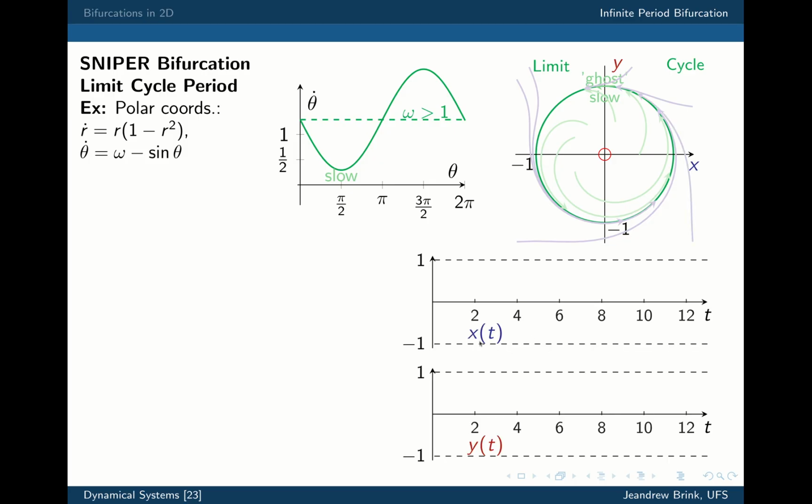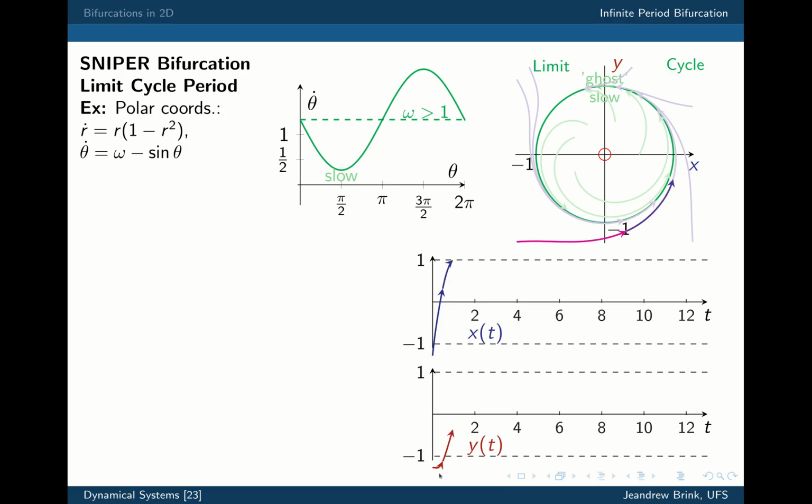Let's now examine how x as a function of time and y as a function of time behave for a specific trajectory. So I'm going to take fixed time steps. Okay, so over here, far away from the bifurcation point, the flow is rapid, and so there's a big change in x and a change in y for the given time step.